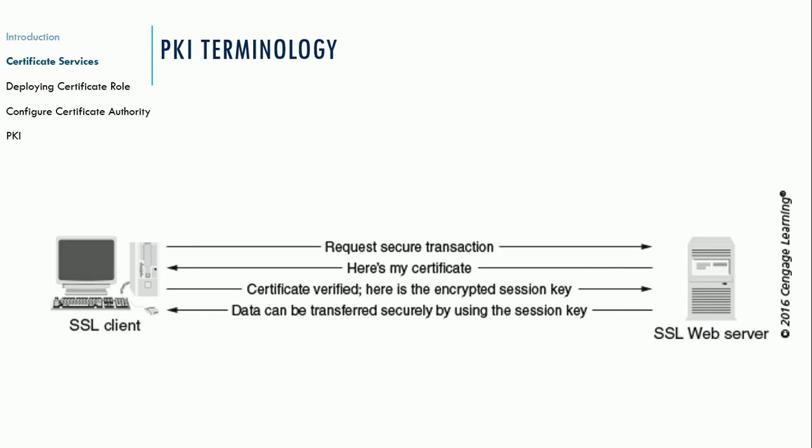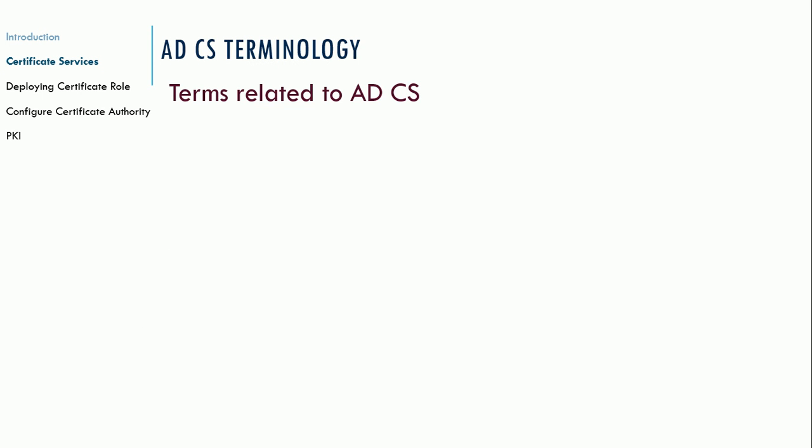The server sends back a certificate. The certificate is verified, and they will also send an encryption session key, and then the data can be transferred securely from the web server to the client, and vice versa. So that's roughly how the handshake works with PKI. And again, this is used pretty extensively. I think all of us use it every day, whether you realize it or not.